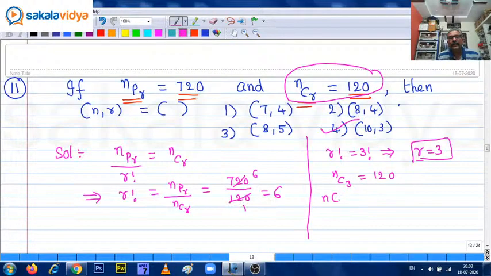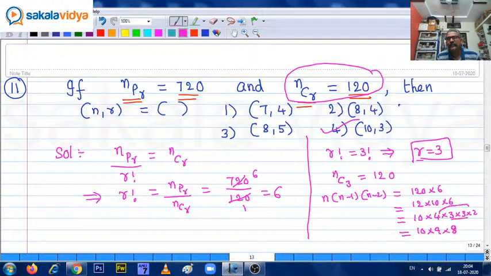This we can write as n times (n minus 1) times (n minus 2) upon 6 equals 120. So n(n-1)(n-2) equals 120 into 6, which is 720, that is 10 times 9 times 8.